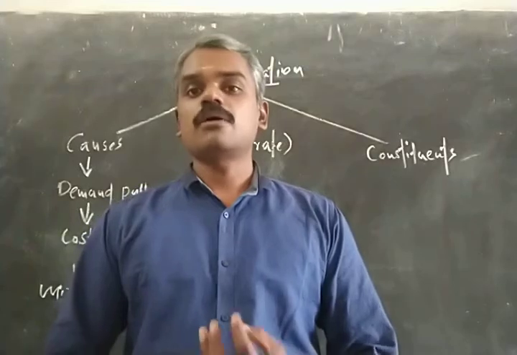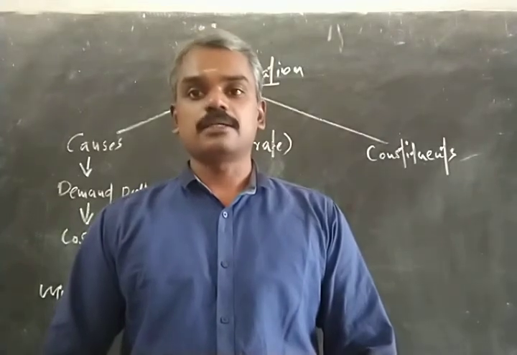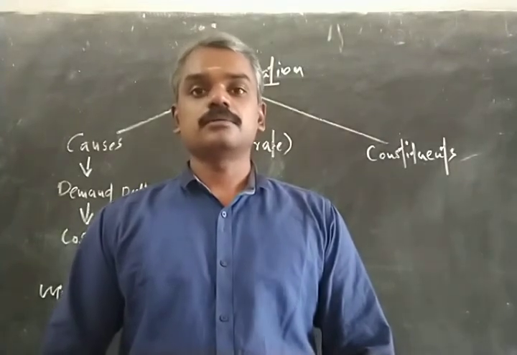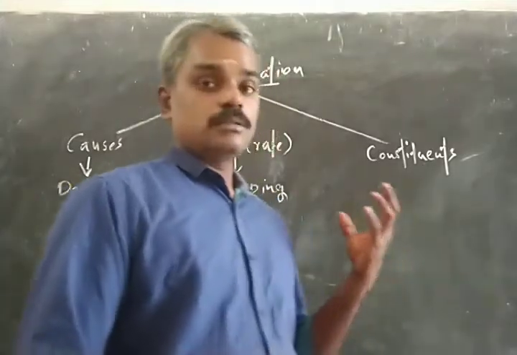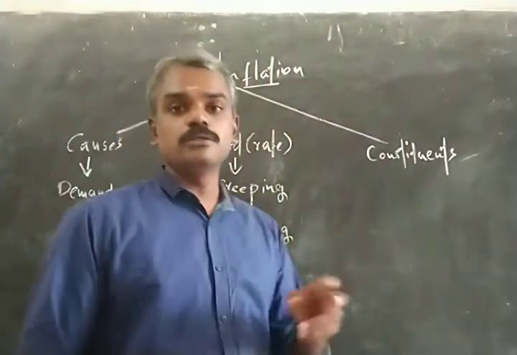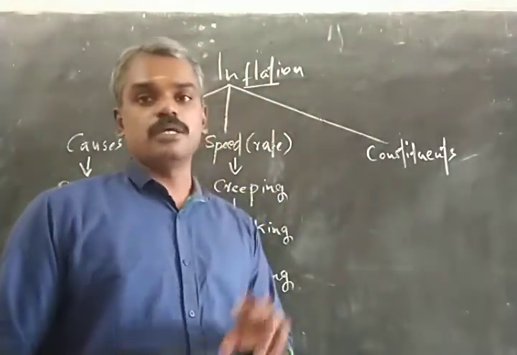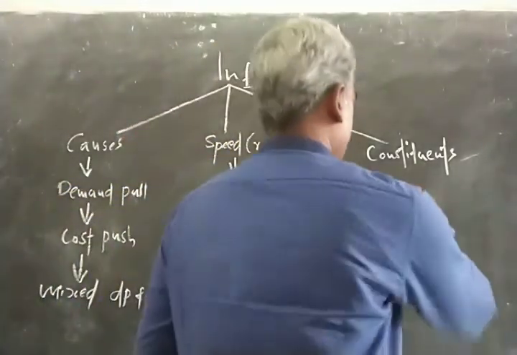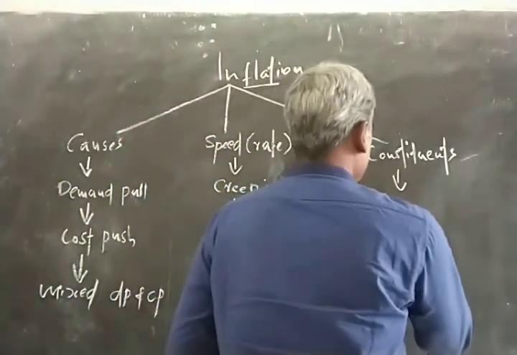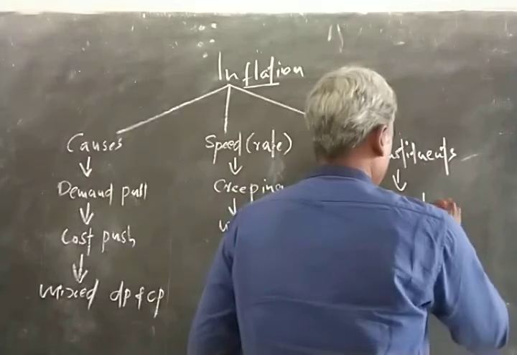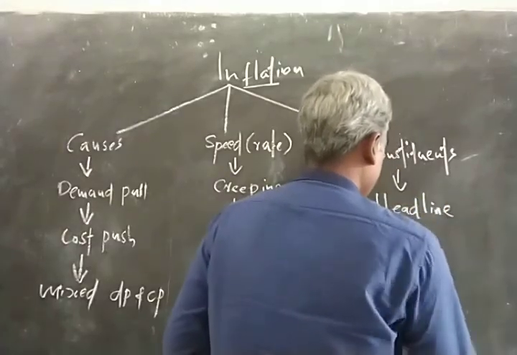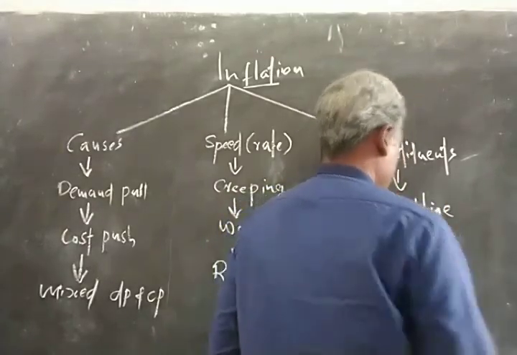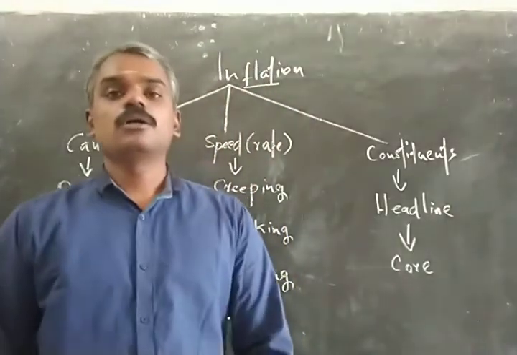So there are different constituents for a price index, and the inflation has been divided into two types based on the differences in constituents. First one is called headline inflation, and second one is called core inflation.